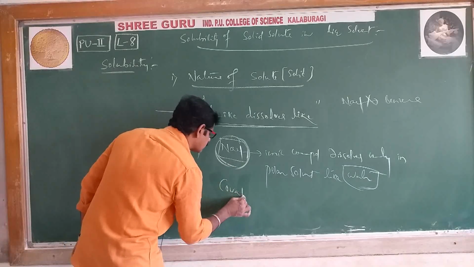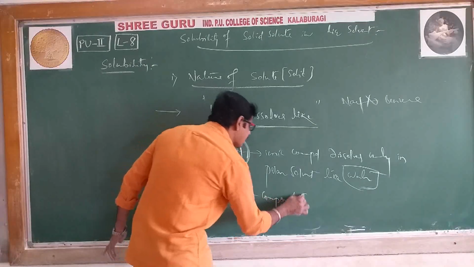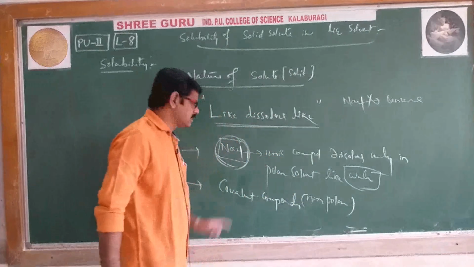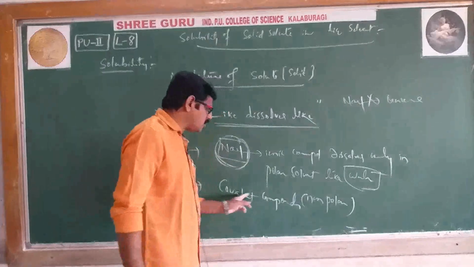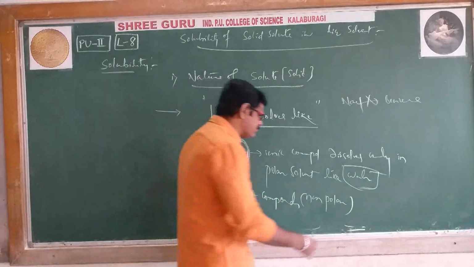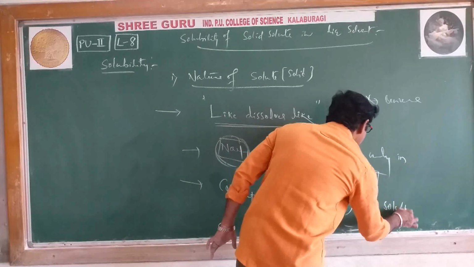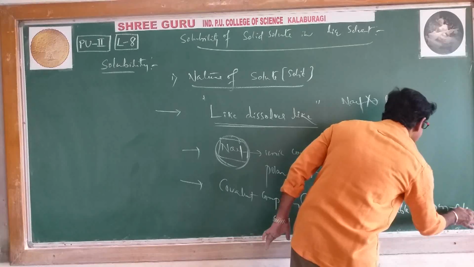Covalent compounds, or we can say non-polar. We can say ionic compounds are soluble in water, and covalent compounds, nothing but non-polar compounds, are soluble in non-polar solvents only.